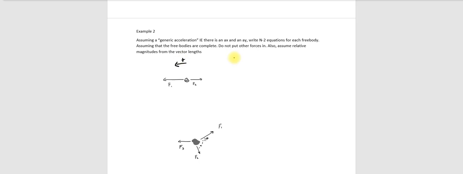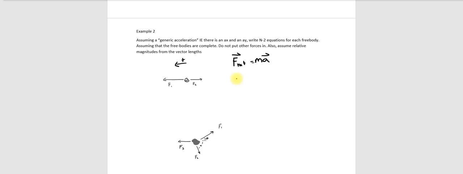Now remember, Newton's second law says the net force acting on an object is equal to mass times acceleration. And remember that Newton's second law is a vector law, so you apply it by direction. The net force acting on an object is the sum of all force vectors acting.